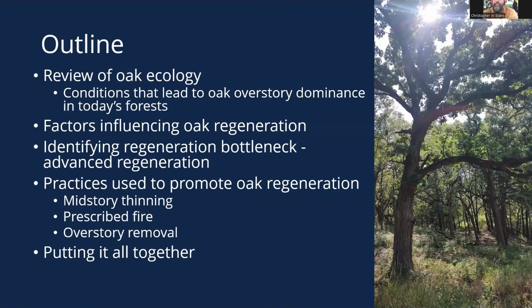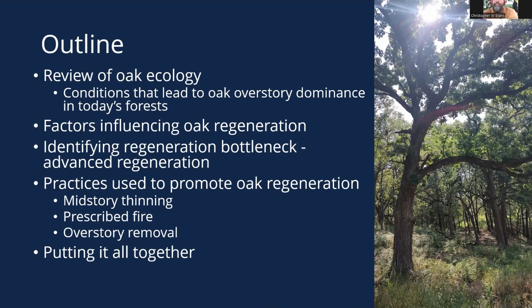All right. So what I'm going to do today is give a general, really quick overview of oak ecology, particularly the conditions, the ecology, the biology of oaks that led to oak overstory dominance in today's forest, some on-the-ground things, and then get into the factors that we see that are influencing oak regeneration, and then take a specific look at this regeneration bottleneck where advanced regeneration is really lacking on the landscape.